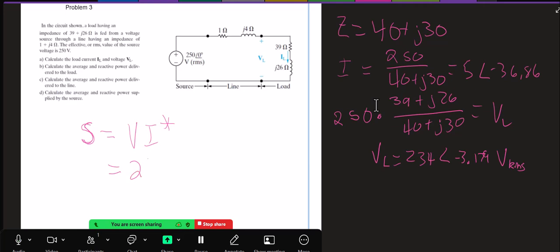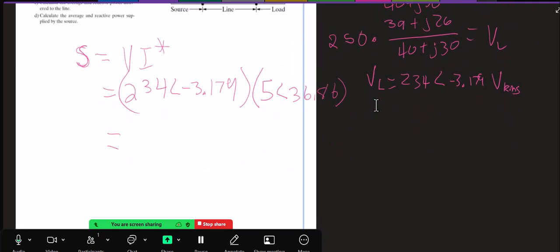So the V of my load is 234 angle negative 3.179, and I'll multiply that times 5 angle positive 36.86, and that gets me the complex power, which is 975 plus J650 VA.